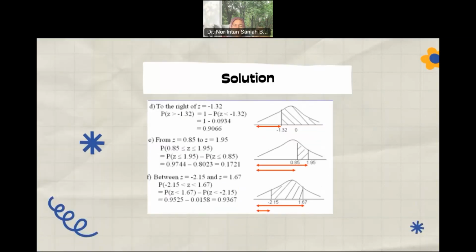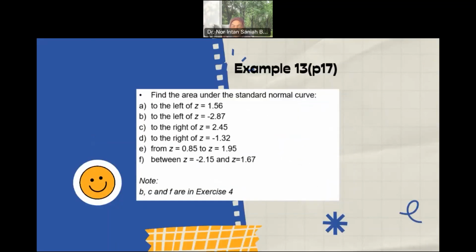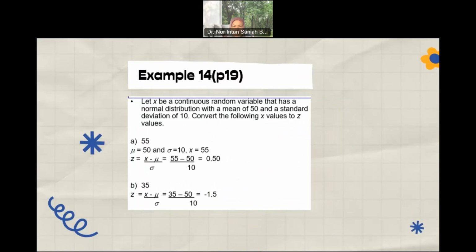Alright. So here there is A, B, C, D, E, F. So let's say do this one first, then you can check it here. Same goes here. This one asks you to convert. Convert the following x values to Z value. So it gives the mean and standard deviation, and then x is 55.